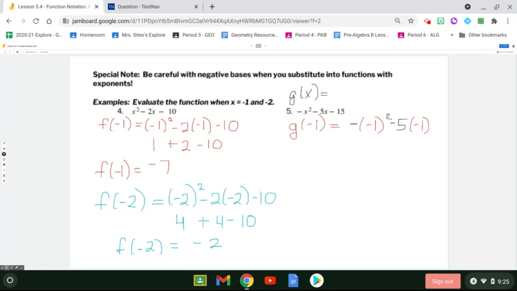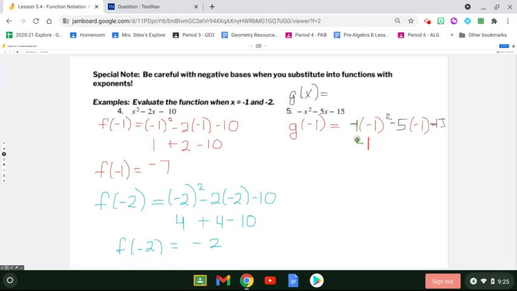In here we know that -1 quantity squared is going to give us +1. So I'm going to bring that part down because I know that this is equal to +1. But I still have that -1 that's hiding on the outside. So this is really -1 times +1, which is going to give me a -1 overall.